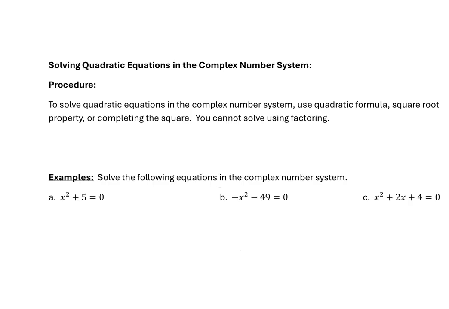And so in order to solve quadratics in the complex number system, where do we see the square roots? Well, we see square roots when we talk about the quadratic formula. Obviously, we see them when we talk about the square root property. We also see them when we talk about completing the square.